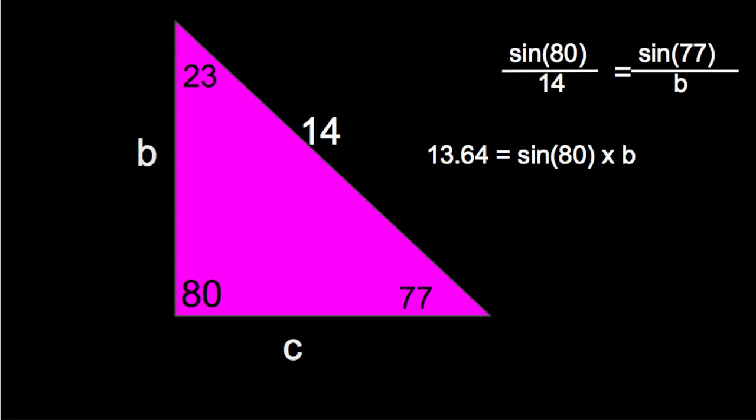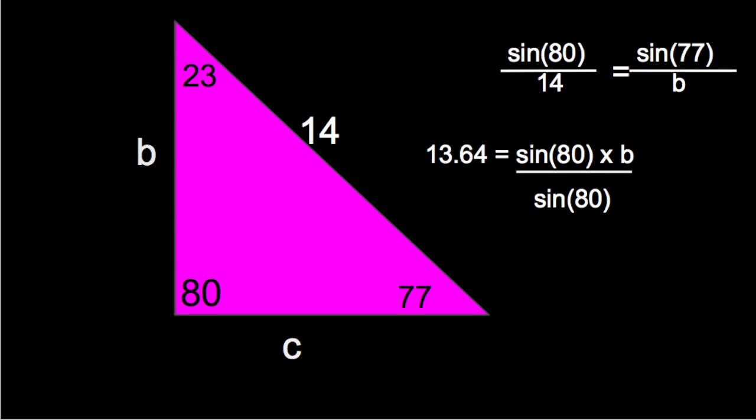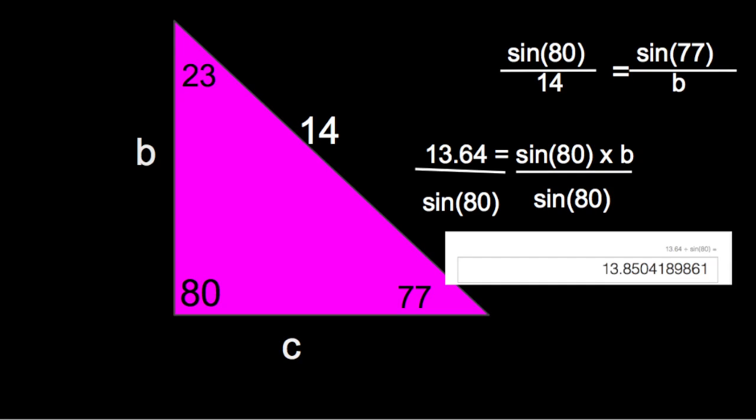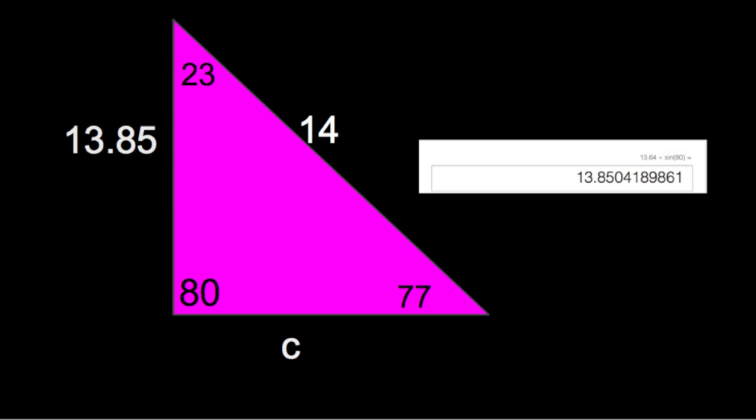Then we have to set 13.64 equal to the sine of 80 times B to figure out what B is. But then, to continue our process, we have to divide it by the sine of 80 so that we can get B alone. But we can't just divide one side by the sine of 80, we have to divide both sides. So when we input that into our calculator, we get 13.85, and that is what the side length of B equals.